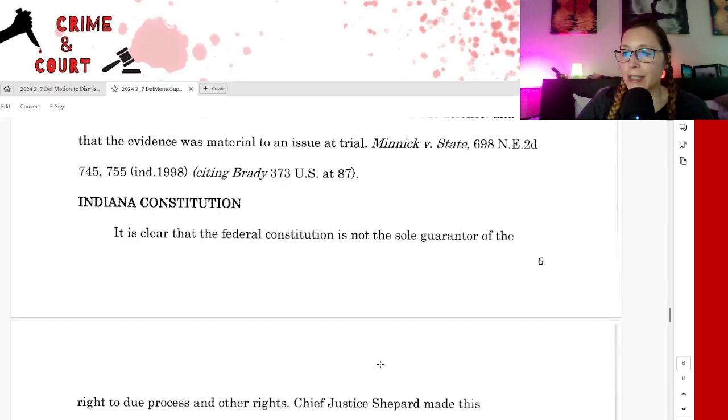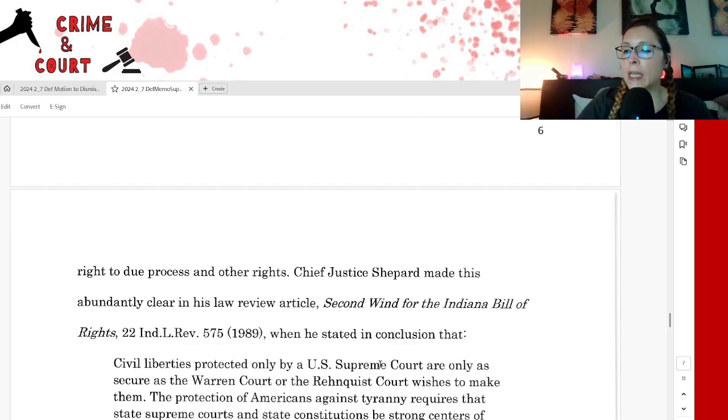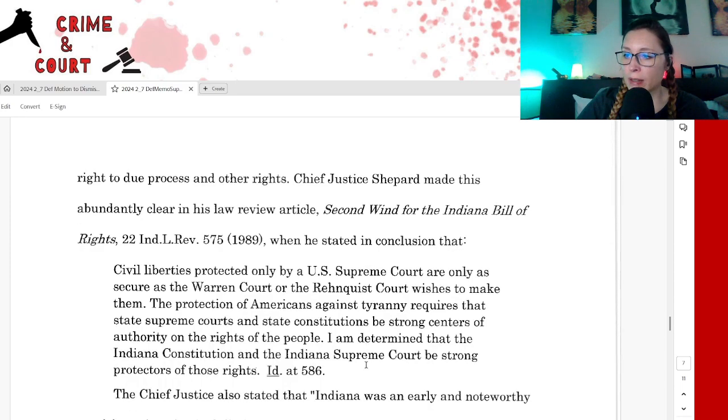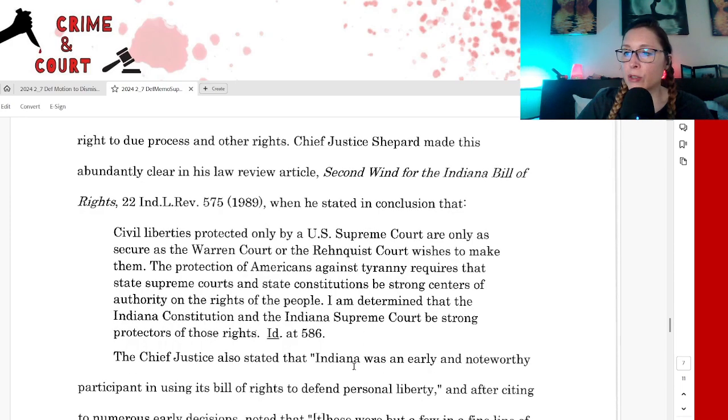Indiana Constitution. It is clear that the federal Constitution is not the sole guarantor of the right to due process and other rights. Chief Justice Shepard made this abundantly clear in his law review article, Second Wind for the Indiana Bill of Rights, when he stated in conclusion that civil liberties protected only by the U.S. Supreme Court are only as secure as the Warren Court or the Rehnquist Court wishes to make them.